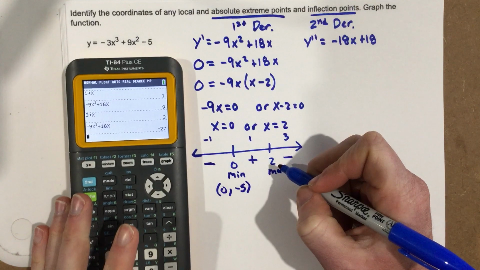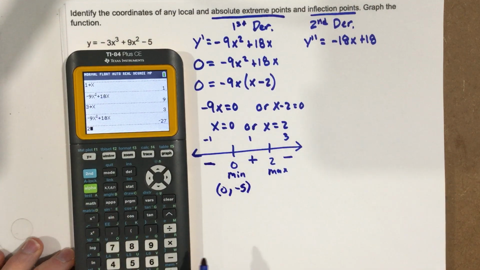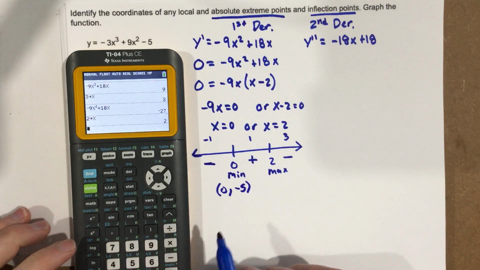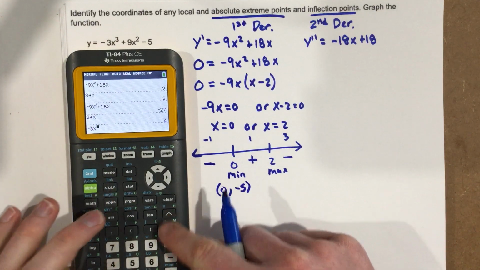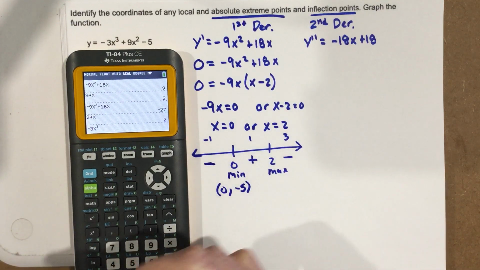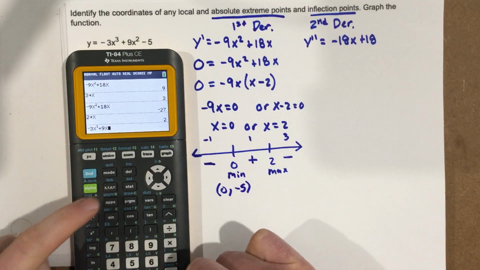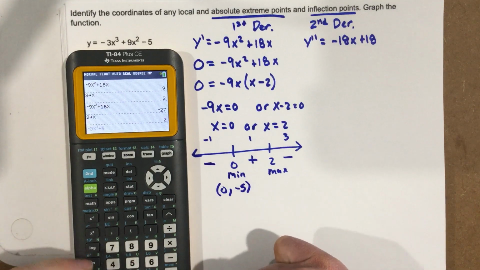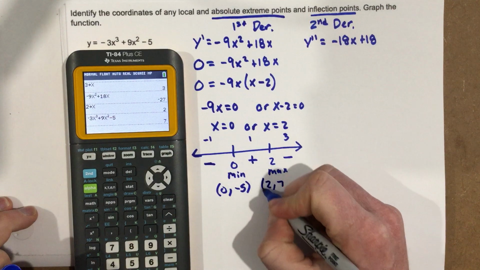We'll do that in the calculator. 2 stored as x. Plug in that function, negative 3x cubed plus 9x squared minus 5. 7. So 2, 7 is my maximum point.